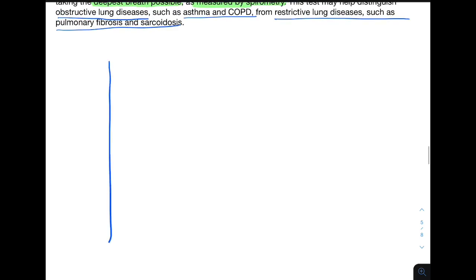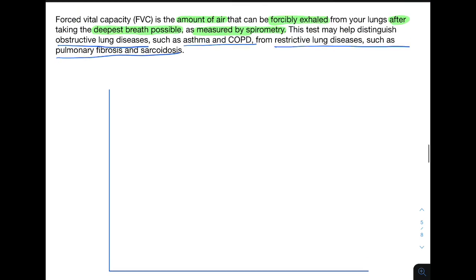So you'll consider a simple graph here. Let's plot a graph with these attributes. So usually what happens? For example, you have taken the deepest breath possible. Okay, this is the point. You have started expiration, right? You can also experience this practically. After you take a deep breath and you breathe out forcibly, in the first moments, whatever the amount of air you breathe out will always be maximum, isn't it?